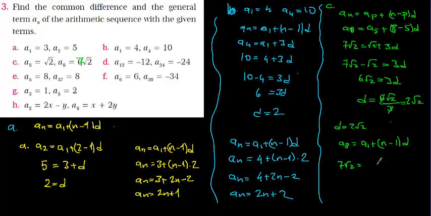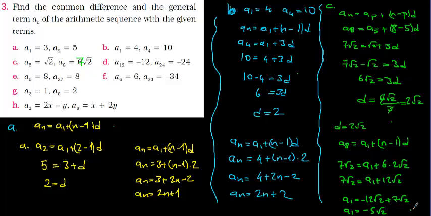So 7 root 2 is equal to a1 plus 6 times 2 root 2, and 7 root 2 is equal to a1 plus 12 root 2. So a1 is equal to minus 12 root 2 plus 7 root 2, which is equal to minus 5 root 2.